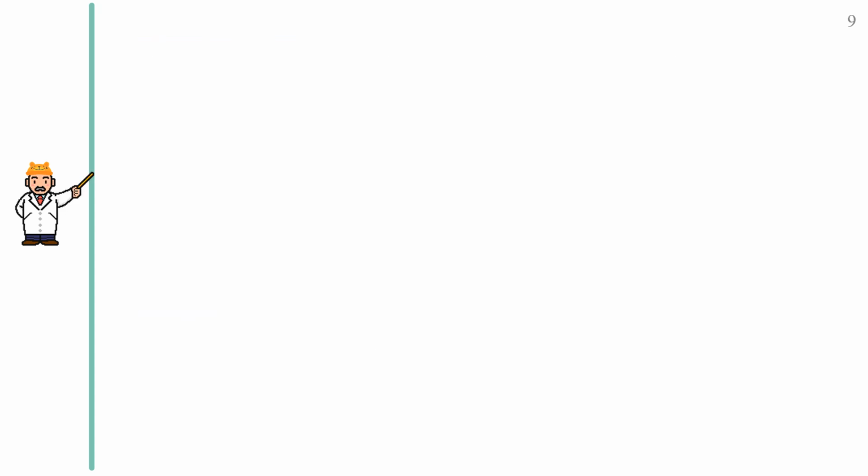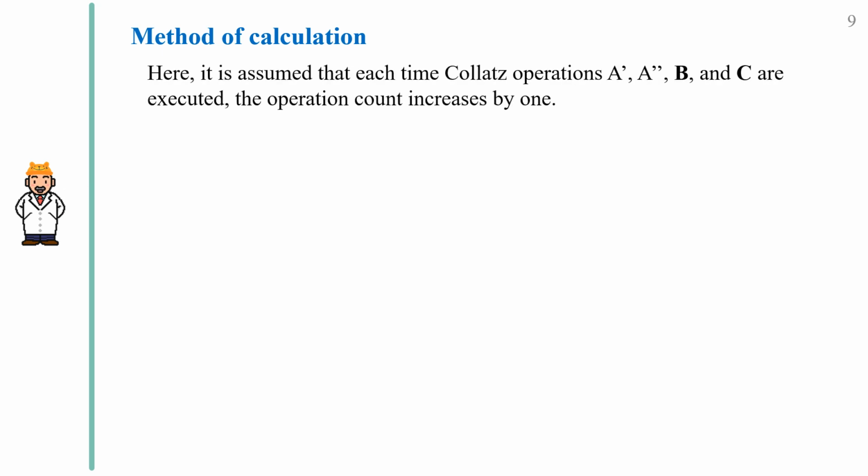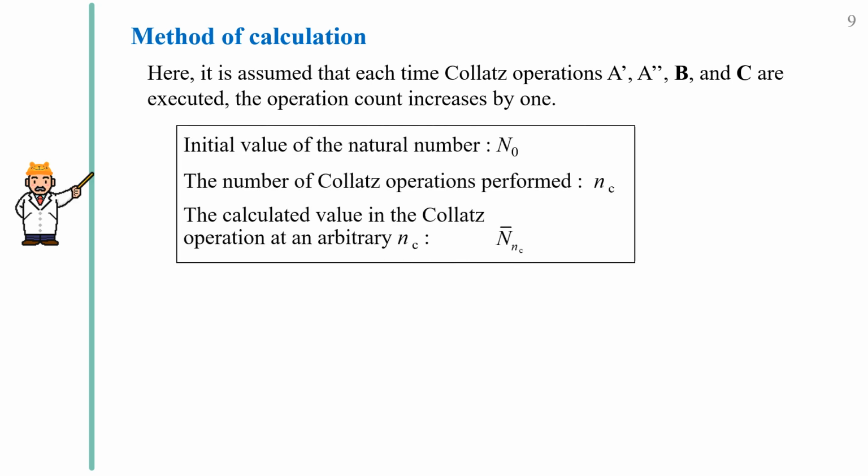Using the determined average rate of change, I performed the calculations. Here, each time Collatz operations A double prime, B, or C are executed, the number of operations increases by 1. Let the initial value of the natural number be n0, the number of Collatz operations be n sub c, and the calculated value in the Collatz operation at any n sub c be n bar sub n sub c.